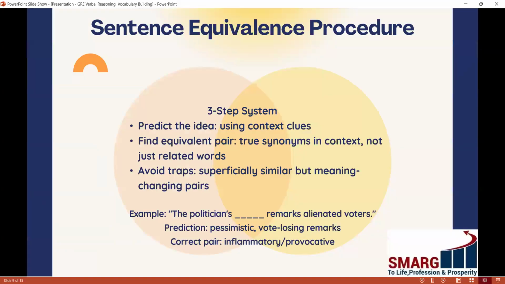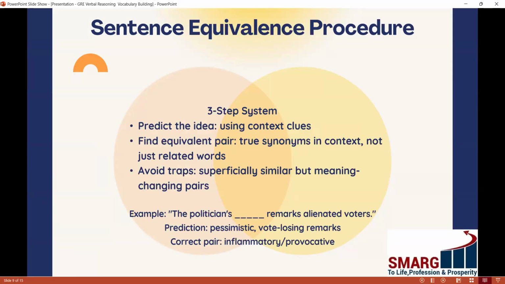All right. So now I move on to sentence equivalence. Now, what is happening in sentence equivalence? Yes? Anyone? Text completion is about fill in the blanks.